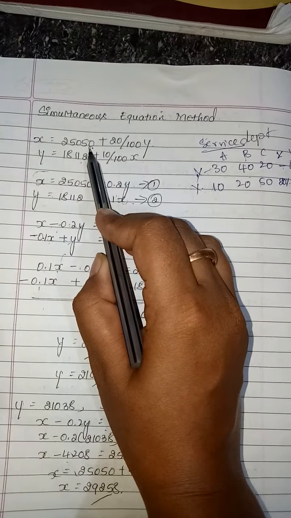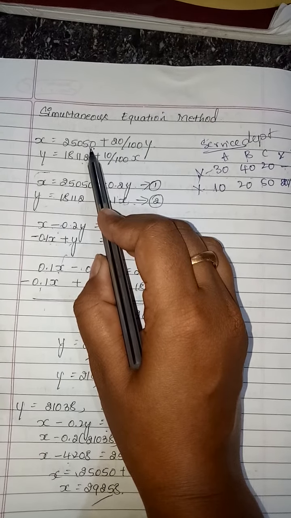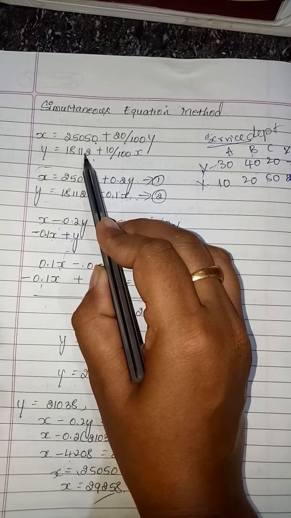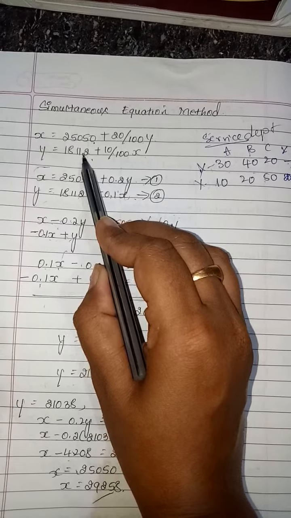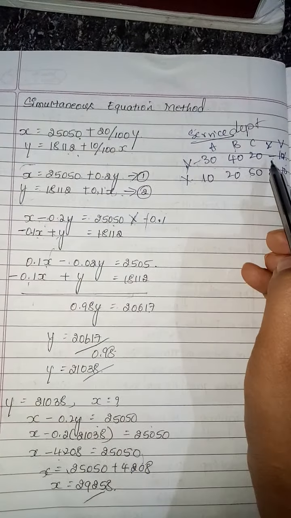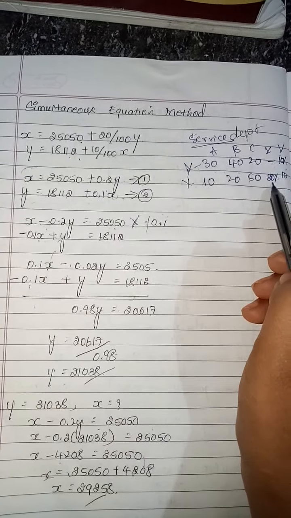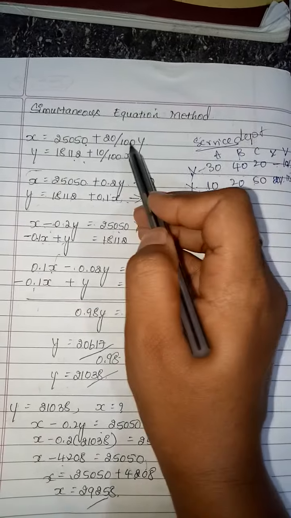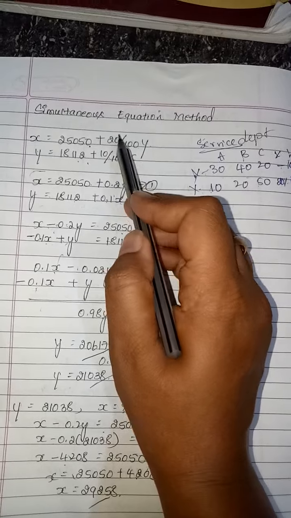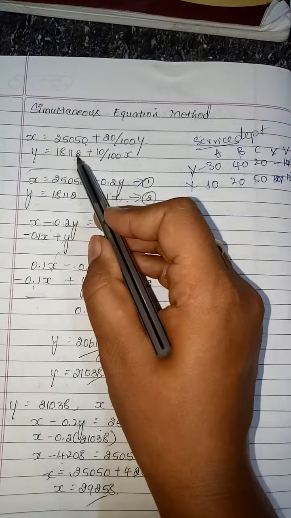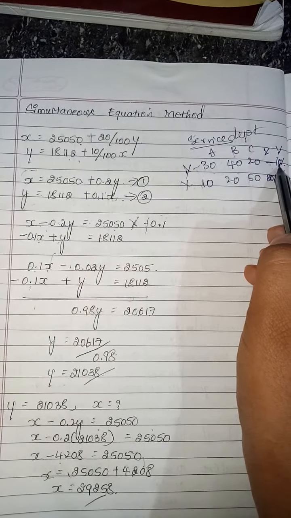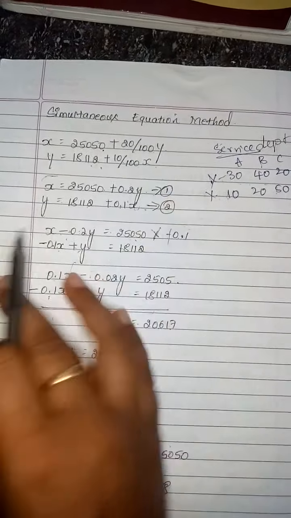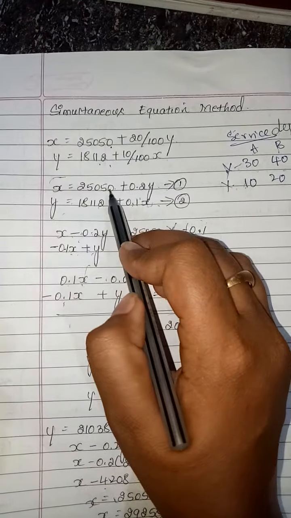The total value of X service department in the primary distribution summary is 25,050, and for department Y the total value is 18,112. Here X will get 20% of Y, so 20 divided by 100. Like that, Y will get 10% of X. So 10% of X, simplifying the ratio.